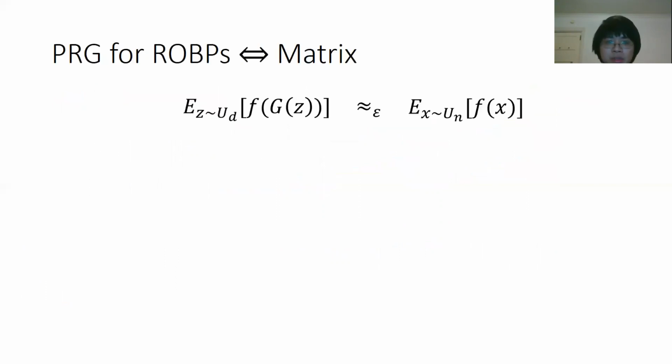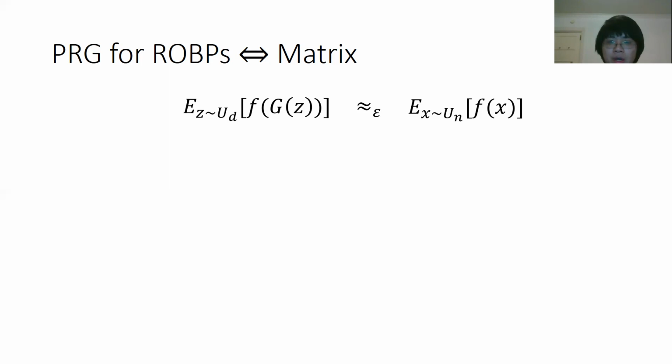So given this matrix view, we can actually interpret a PRG as a matrix. So recall that for a PRG, we want to compute a generator G, such that the expected value of f on the generator output is epsilon close to the actual expectation of f.